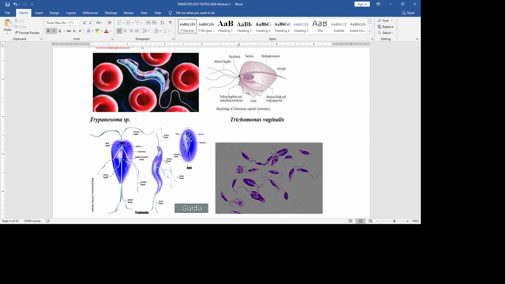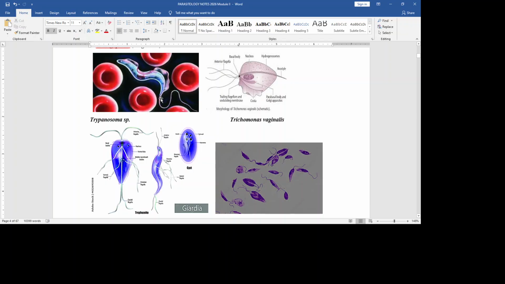So in the first picture, we have the Trypanosoma species, which is an obligate intracellular parasite. We can see the part that is thin and looks like a tail. That's the free flagellum.